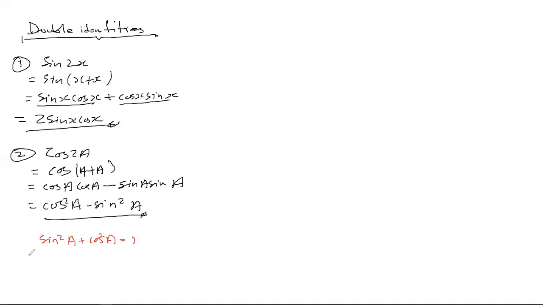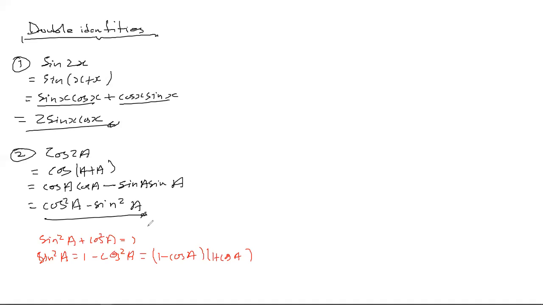From this identity, we know there are other identities like sine squared A. If I make sine squared A the subject of the formula here, it is 1 minus cos squared A. And I've told you also that this thing is the difference of two squares. So always be aware that you can write it as 1 minus cos A into 1 plus cos A. You may find this appearing sometimes in your identities when you're required to prove identities.